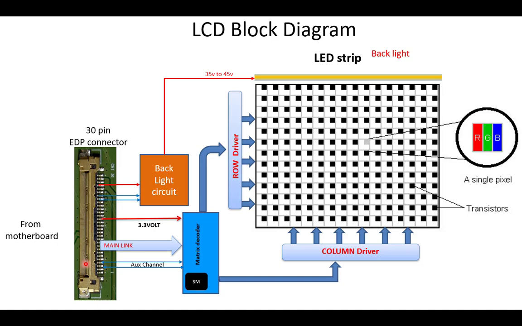Then the CPU sends this main link, which is the data. The matrix decoder receives this data and turns the rows and columns on and off, and that pixel turns on and off. Now the pixel is going to turn on and off, but there is one more thing required: the backlight.